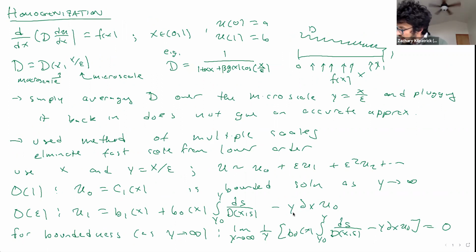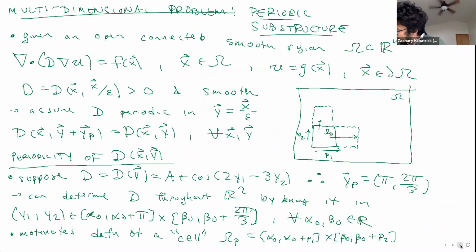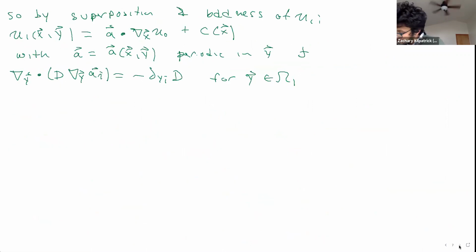So it's analogous, but it's not quite the same. And then we enforce boundedness in order to get rid of some of these parts of the equation. All right, so that's our order epsilon equation.